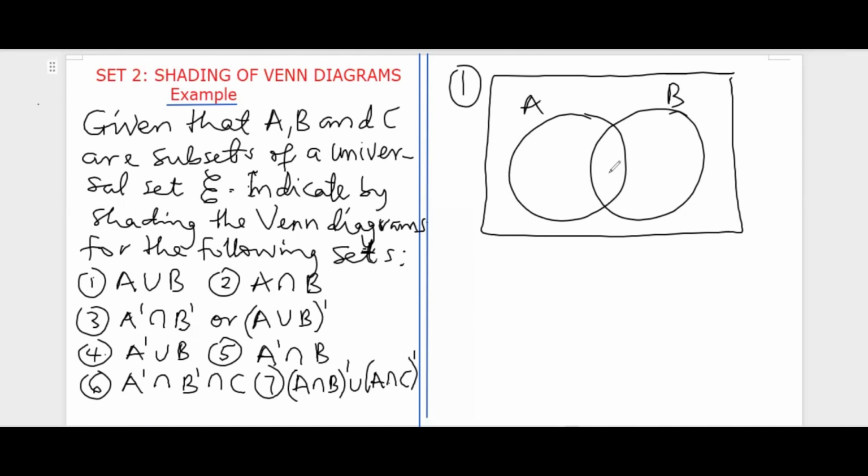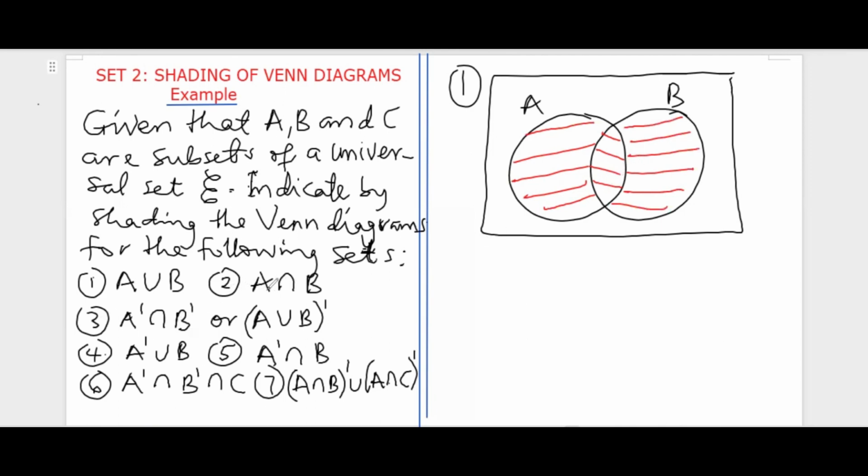So this means we consider all A's alone without overlapping. Those that appear both in A and B, write it once. And those that appear in B alone. So this is the shading for A union B, which is this first one.